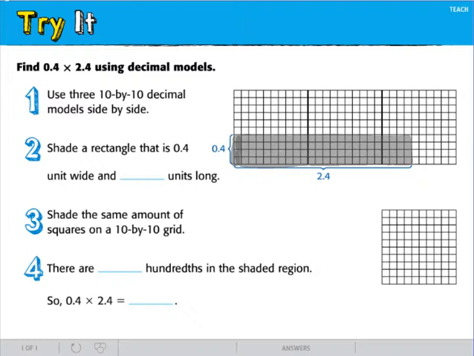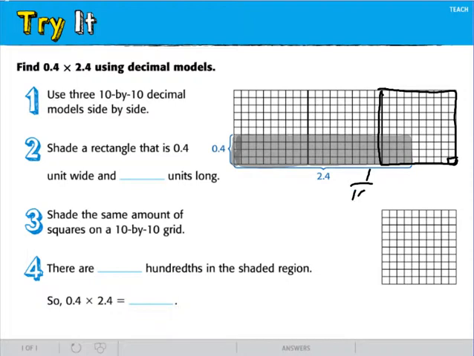Now, each one of the squares that I just shaded in represents how much? No, not 1/10. Now we're looking at the entire cube, the 100 cube. So 1 square in the 100 cube is what? It's 1/100.